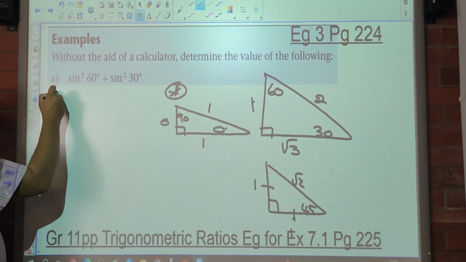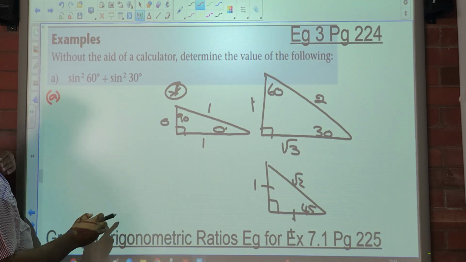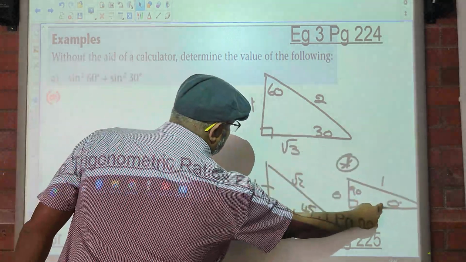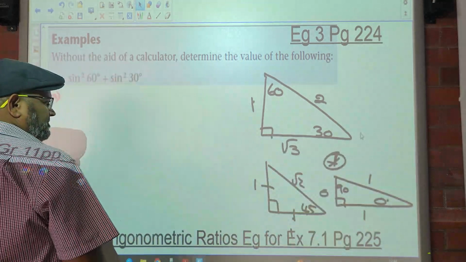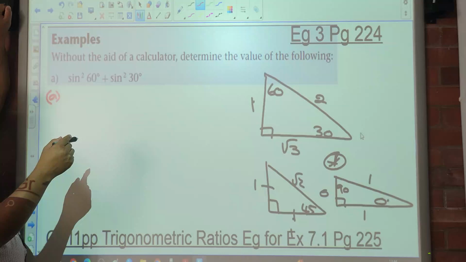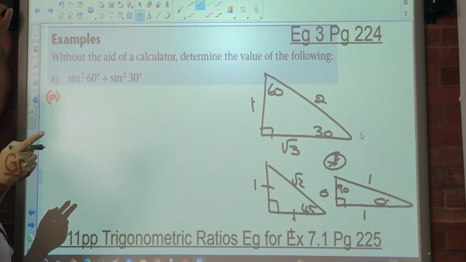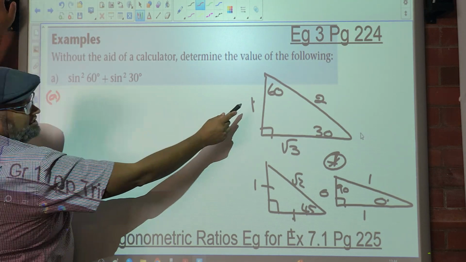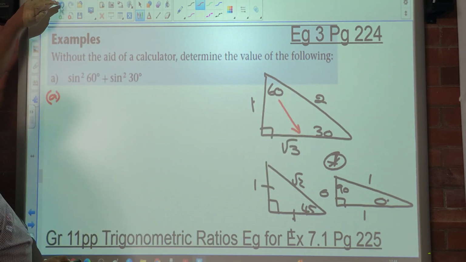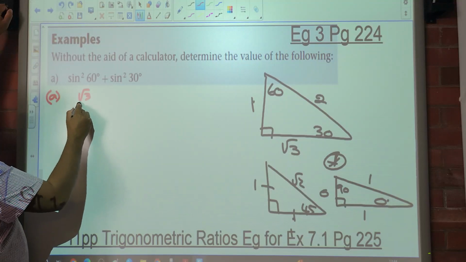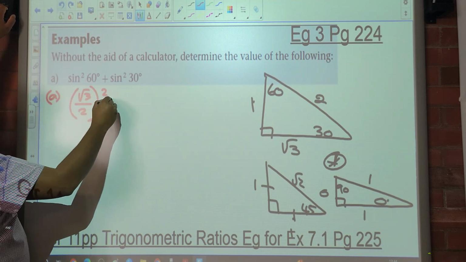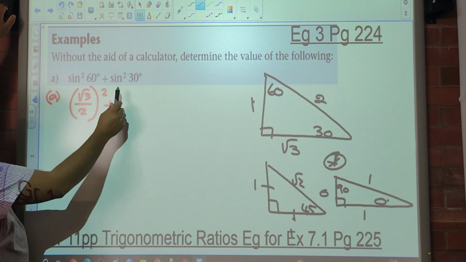So if I look at A, sine squared 60 plus sine squared 30. So what does sine stand for? Opposite over hypotenuse. But there's 60 degrees. So there's 60. Opposite is? Root 3. So it's going to be square root 3 over hypotenuse, which is 2, squared, plus. Now you see it's sine of 30.